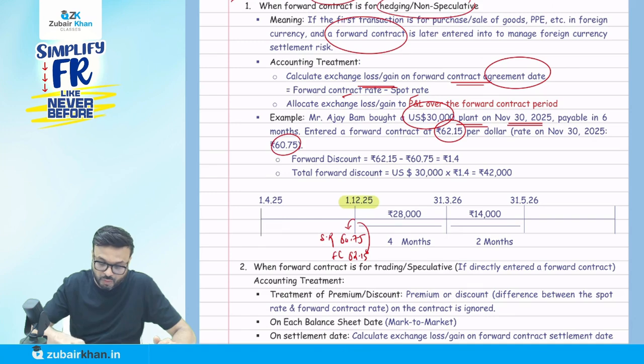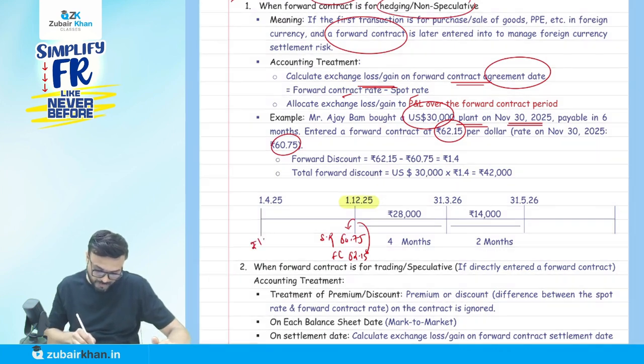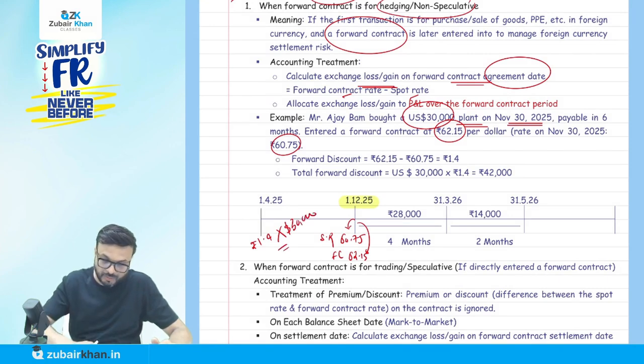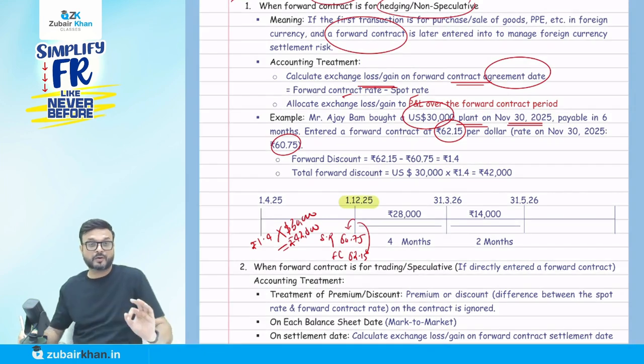If I say 62.15 minus 60.75, for $1 I am paying an additional 1.4 rupees. Multiply by the amount, 30,000. That is going to come to Rupees 42,000.